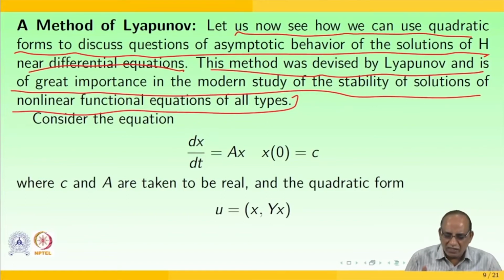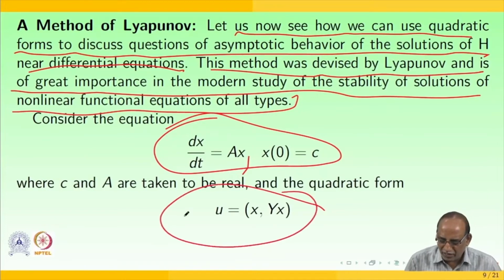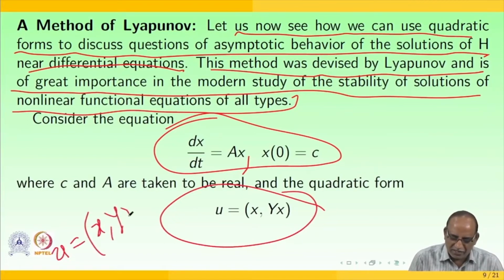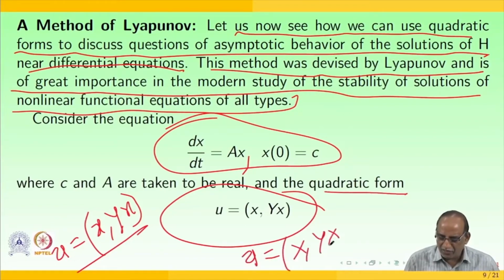Consider the equation dx/dt = Ax, x(0) = c, where c and A are taken to be real, and the quadratic form is u = (x, Yx).